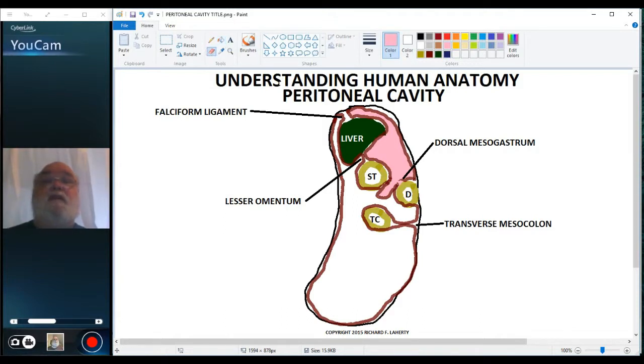And we can take the dorsal mesogastrum and it will grow a little more, so that it is now looking kind of like this.